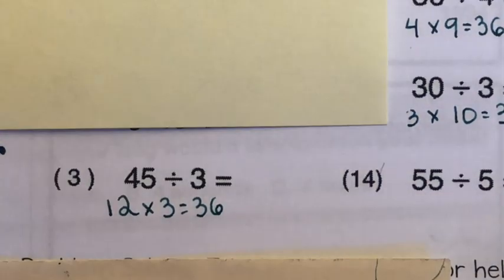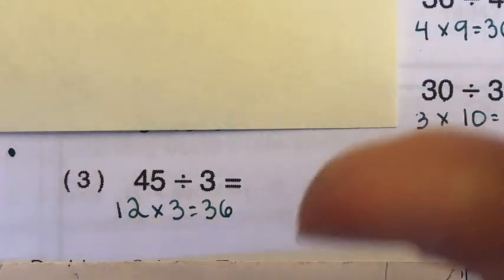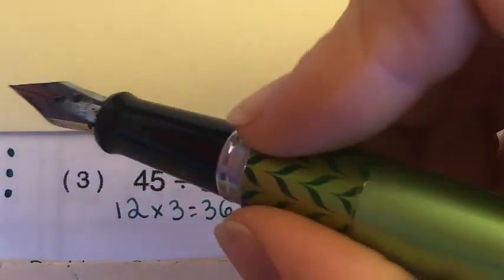36, 39, and for 3s, maybe I'll have to actually count with you. So 39, 40, 41, 42, 43, 44, 45. So we started at 12 and we counted up 3 more groups.